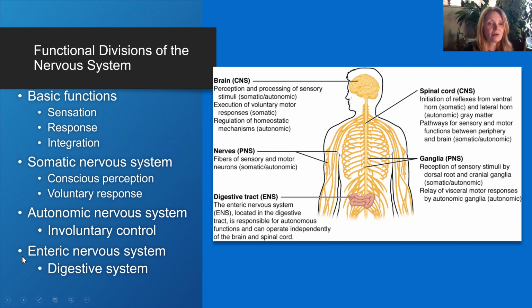And over here, part of the autonomic nervous system is enteric. Just give me a second, we'll talk about it. So the somatic nervous system will include sensory division and motor division, right? And it will be conscious perception of sensory information, right? So when we're talking about the somatic nervous system, that means that sensory information that you're receiving will reach your consciousness.